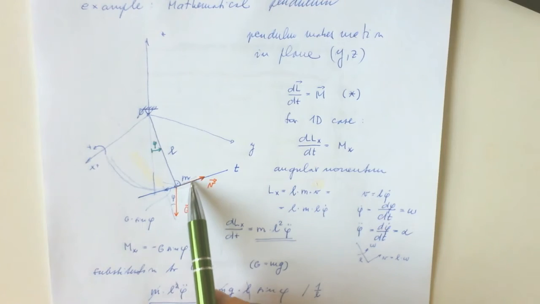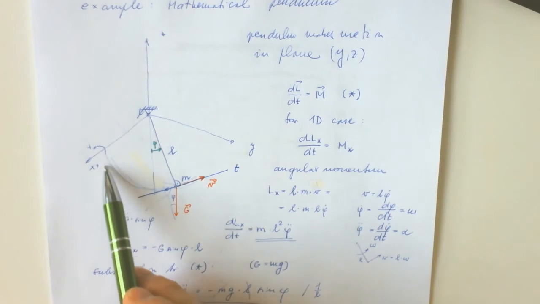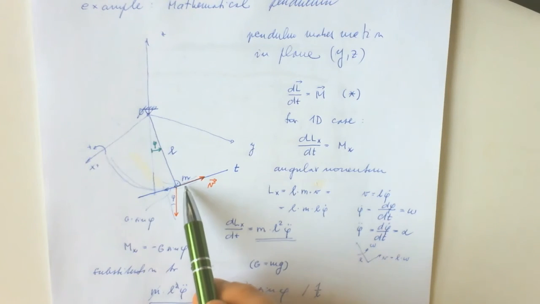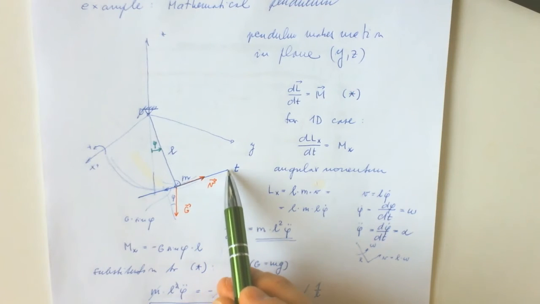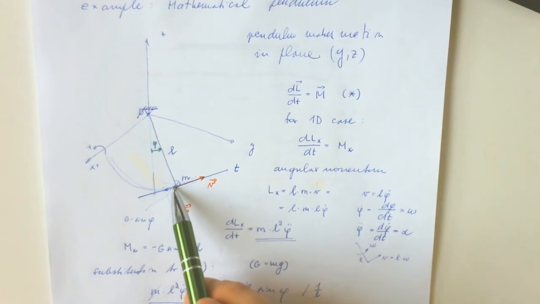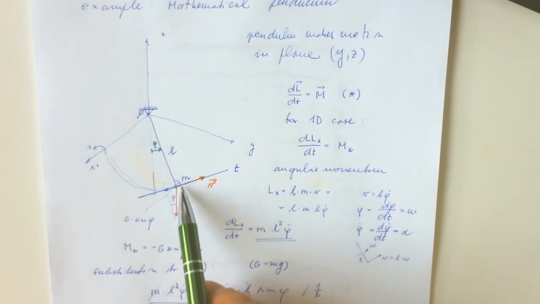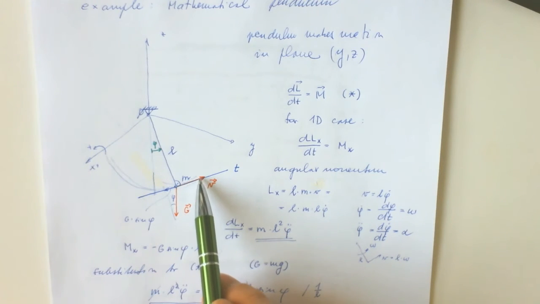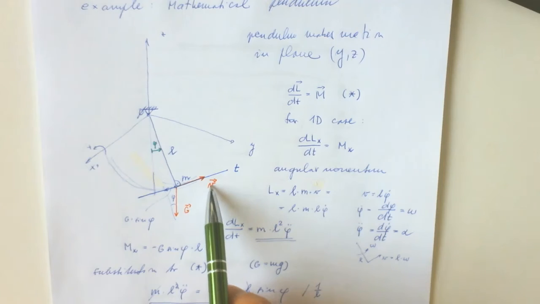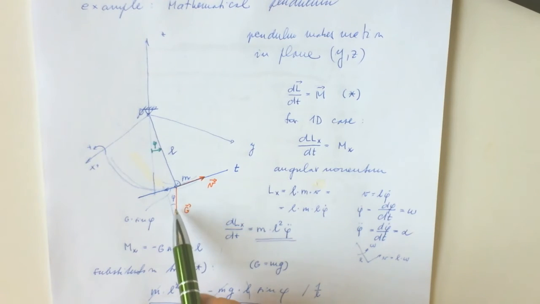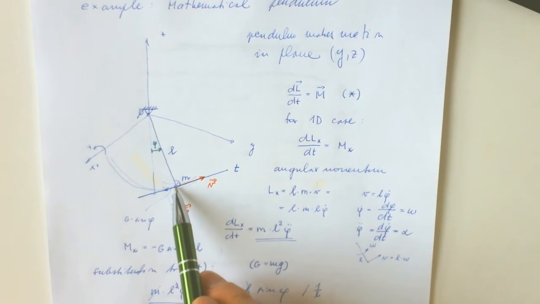The trajectory of this particle is a part of a circle, and the velocity of this particle is always tangent, and the tangent is perpendicular to this string. So we know something about the direction of velocity. There is an acting force, an external force, the gravity force acting on this particle.